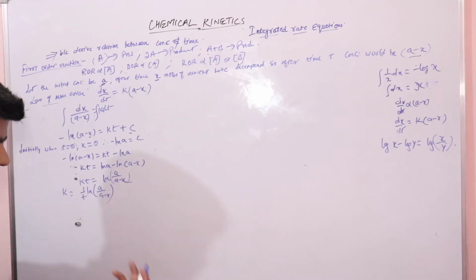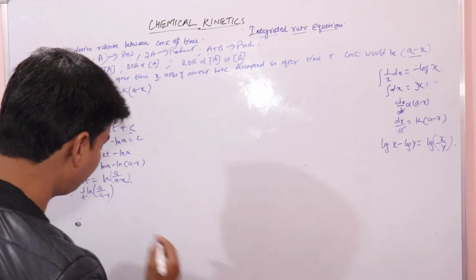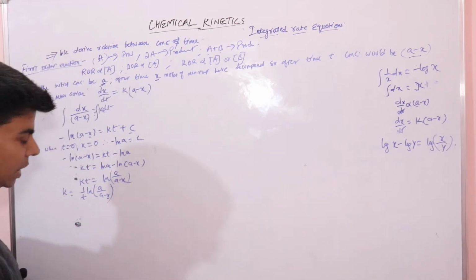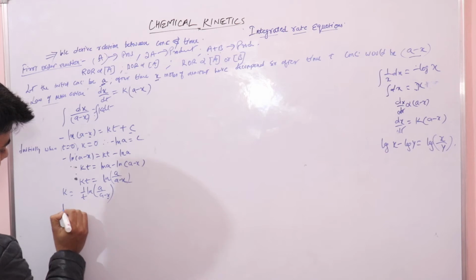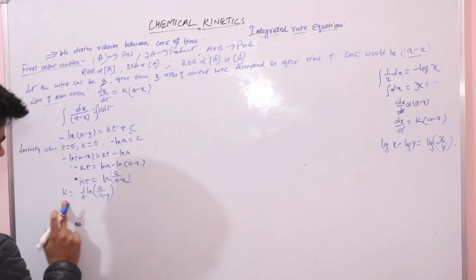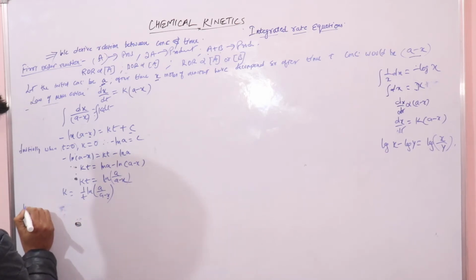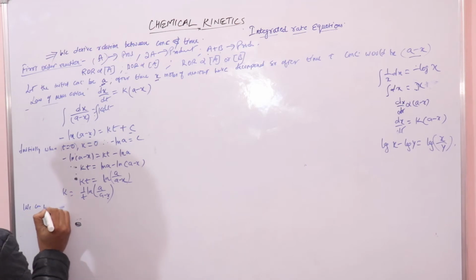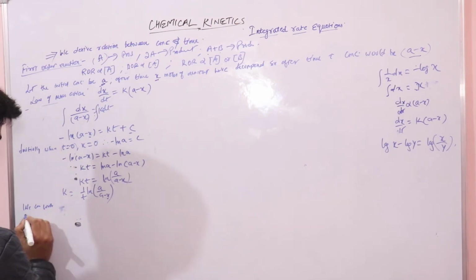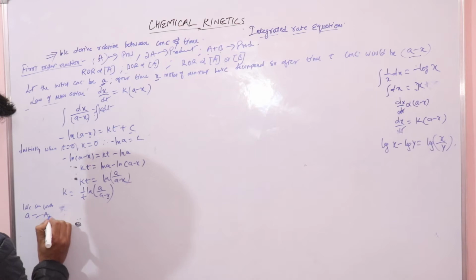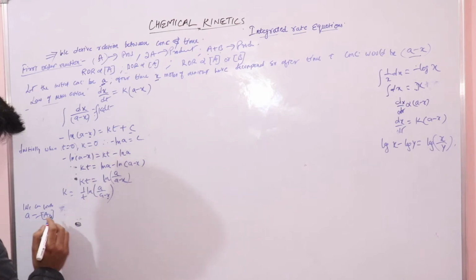This is your initial concentration. This is your concentration after time t, when X moles of reactants have decomposed, right? So we can write it like this also. We can take this as initial concentration A0, right?